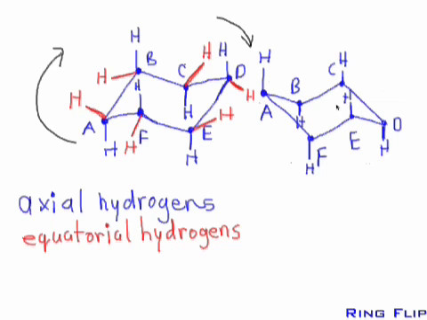You would get this. Now, you know what's interesting when you do this? All of the red hydrogens, all of the equatorial hydrogens, they become axial.